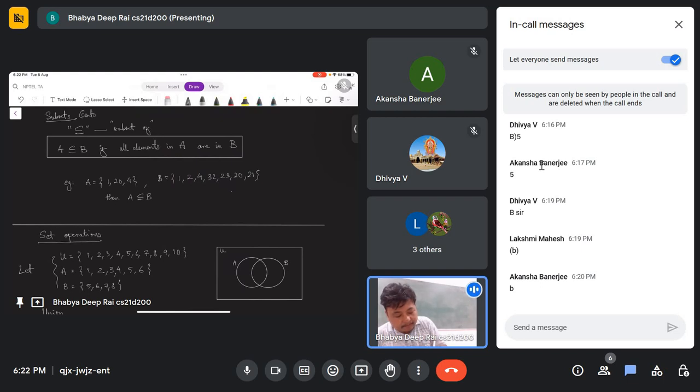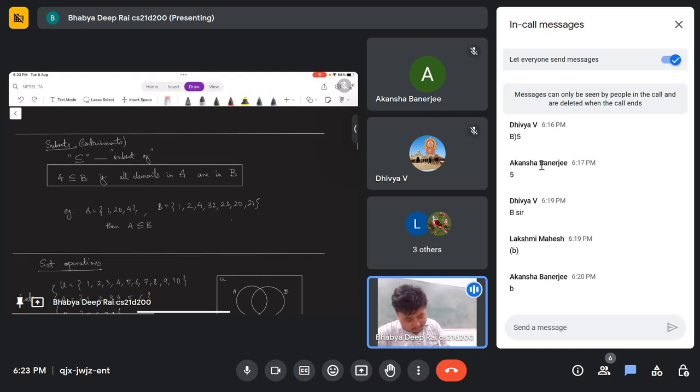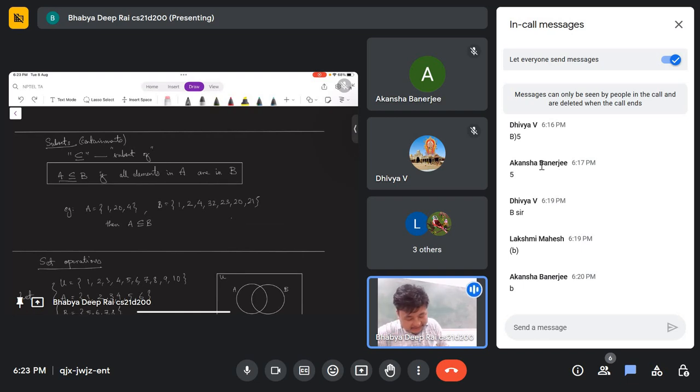Now we have a certain notation, which is a C symbol with a long line under it, which means subset of. We say A is a subset of B if all the elements in A are in B.